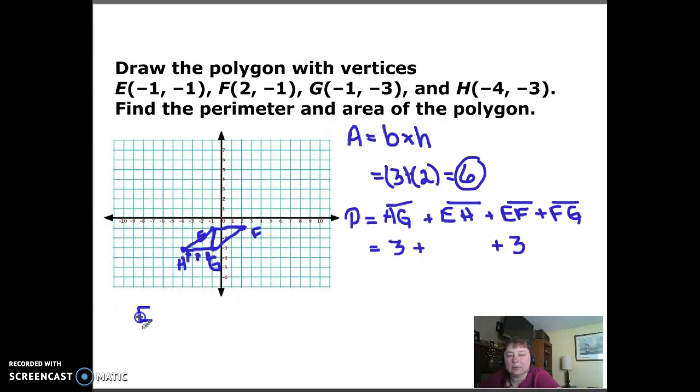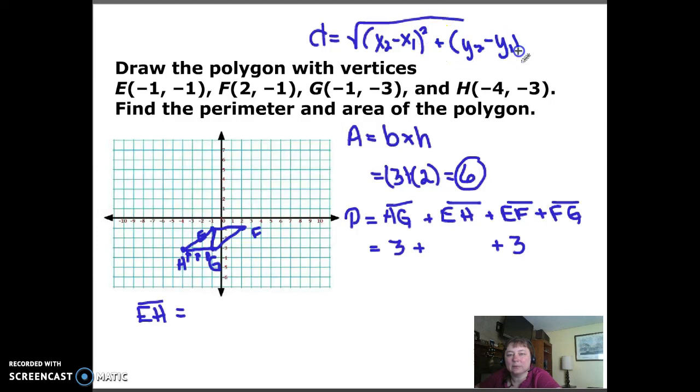Let's do that down here. EH. We've got our distance formula. Let me write it at the top here. We take the square root of x2 minus x1 squared plus y2 minus y1 squared.